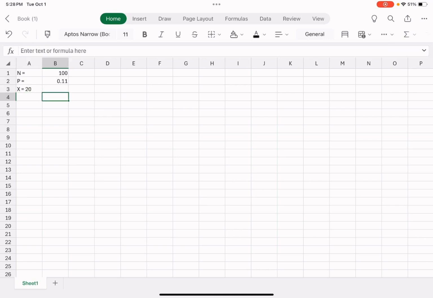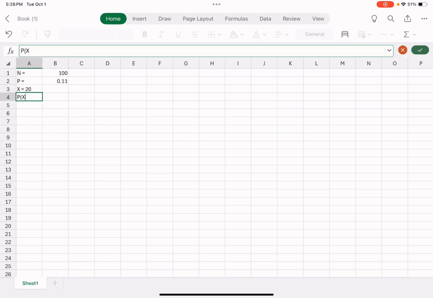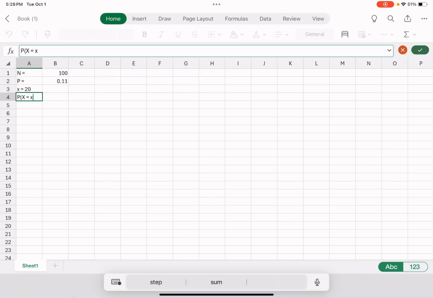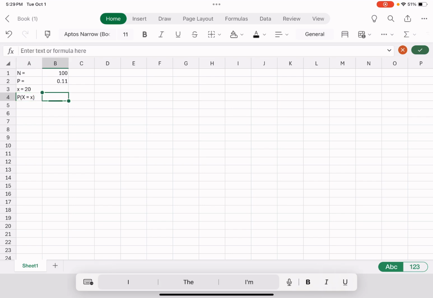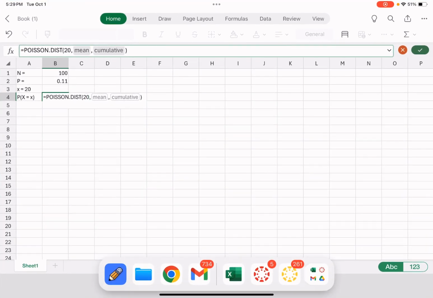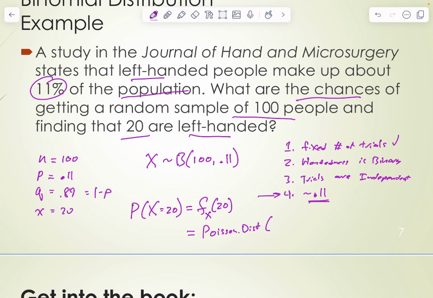All right, and so now the probability P of big X equals little x. That probability is going to equal Poisson.dist. X is going to be that 20. Okay. Hold on. Starting over.